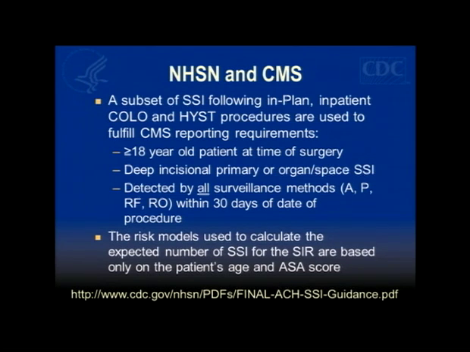And as Maggie already mentioned, the risk models will be based on age and ASA. So as the woman asked before the break, why do we have to collect all this other stuff? Well, think of this 2012 risk model as being sort of a provisional model. It was the only one that we could come to agreement on with the American College of Surgeons at the time that we needed to make that agreement for CMS.